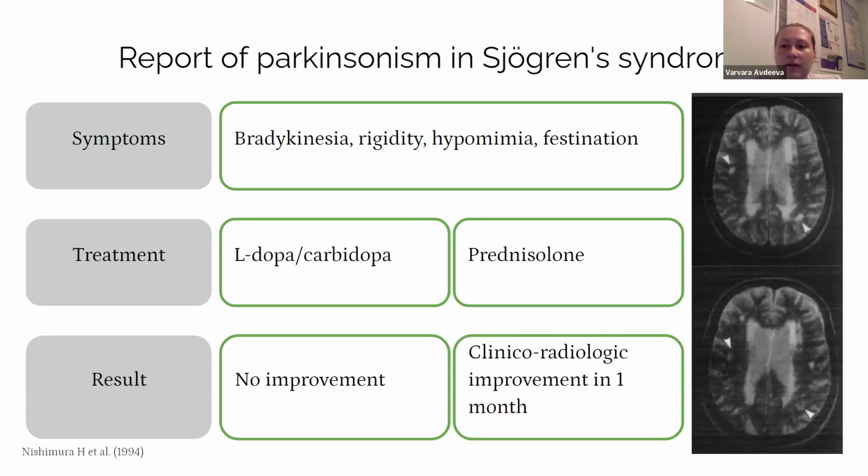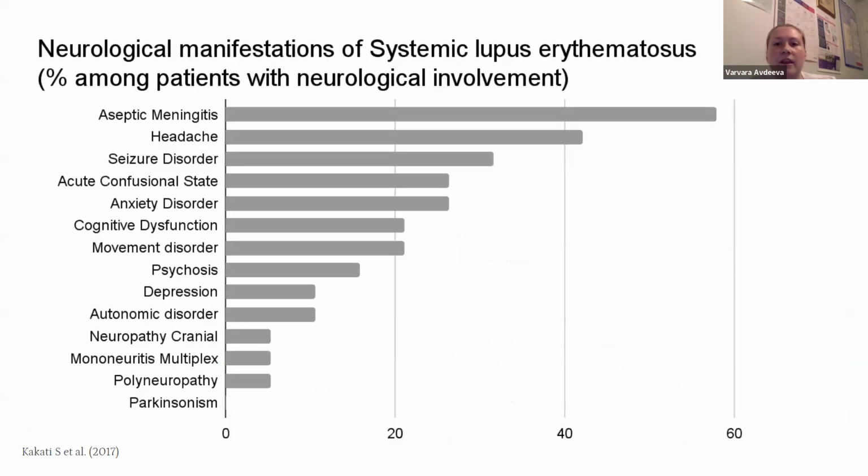As you can see on MRI on the right side of the slide, there were lesions on the above picture, and below you can see that these lesions are less hyperintense after the treatment. Systemic lupus erythematosus.